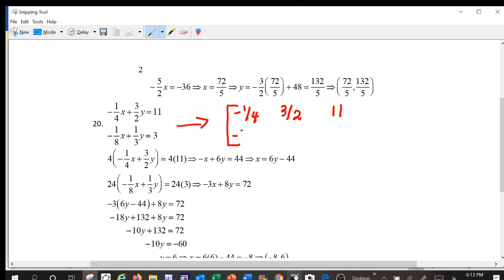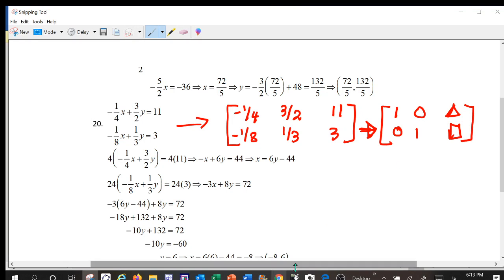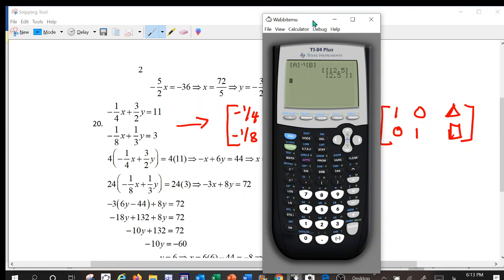The second row is negative 1/8, 1/3, and 3. What we want to do is convert this, if possible, to 1 0 0 1. Then we're going to get some numbers here, and that would be the solution. So let's see what happens if we do that.